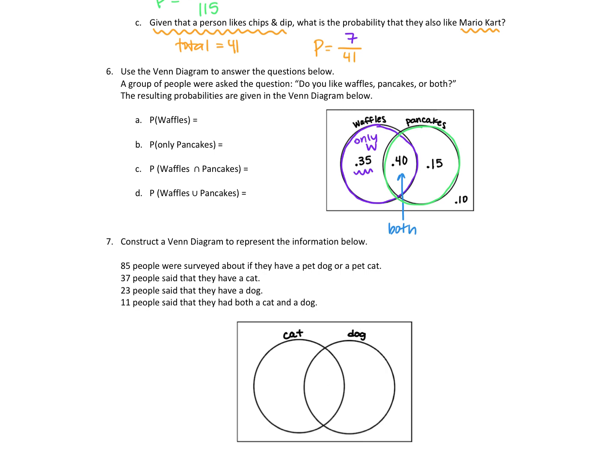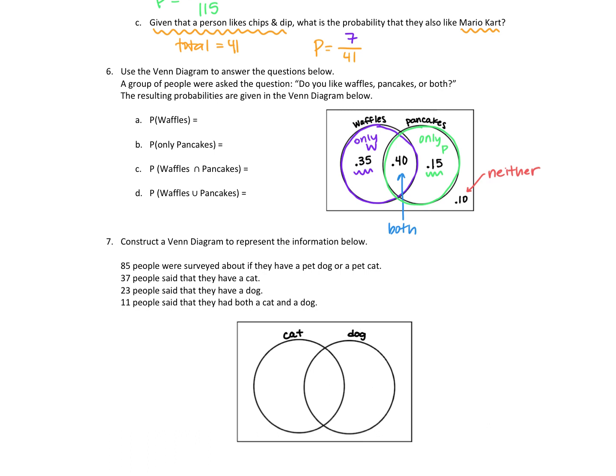Again, that 0.40 represents the people who said they like both pancakes and waffles. The 0.15 is the percentage or probability that somebody said they only like pancakes but not waffles. Okay, it's important to note that there's another number. This 4th number on the outside edge represents the people who said neither. We want to be able to have this other category for people who don't fall into either of the 2 options that we proposed.